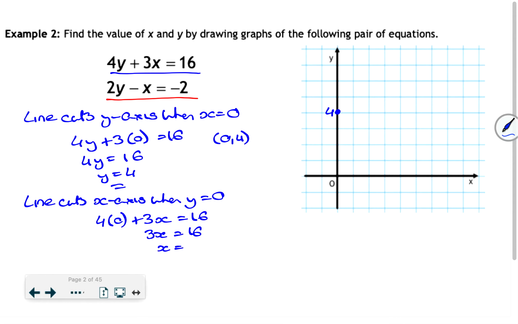So x has to be 16 thirds. So we know that 16 thirds is the same as saying that x is equal to 5 and a third. That allows us to place it a bit better. So count along 5, 1, 2, 3, 4, 5, and then a third, which will be approximately here.